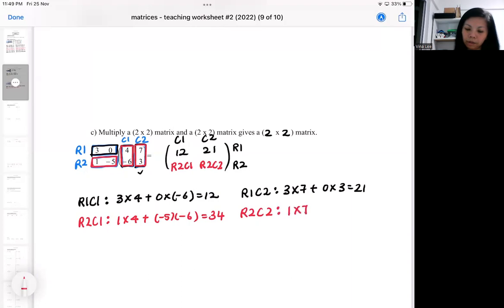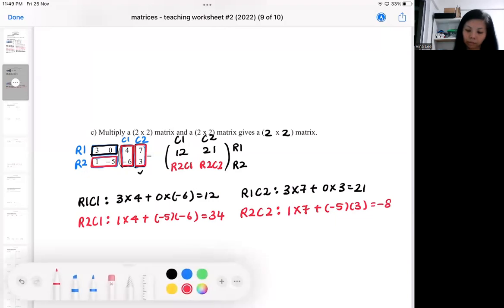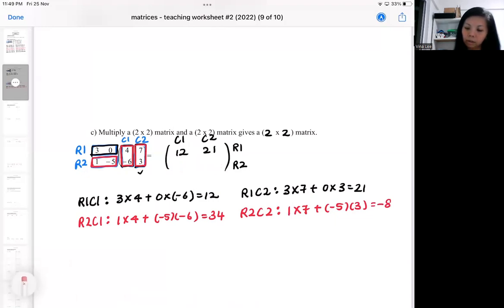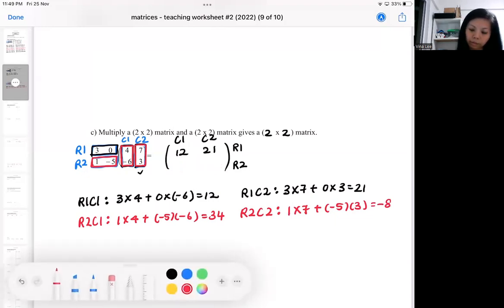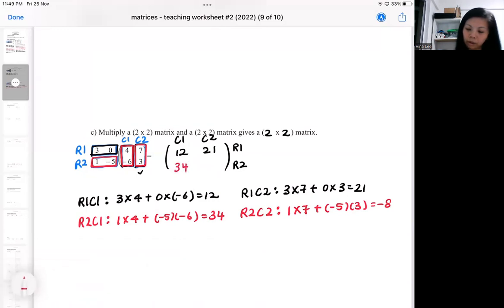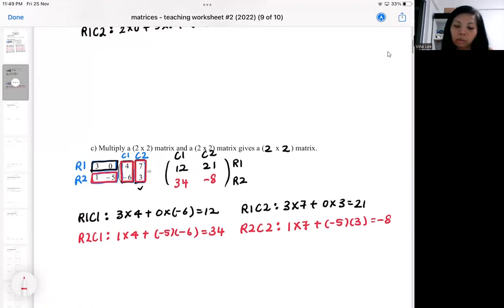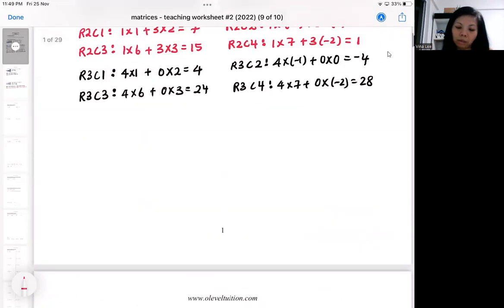First times first, second times second. So that's how we get the last 2 numbers. So there are different shapes and size. You got to decide how the final size look like first. So all this can be mental. You do not need to show any working. You just need to get used to the way that it's being multiplied.